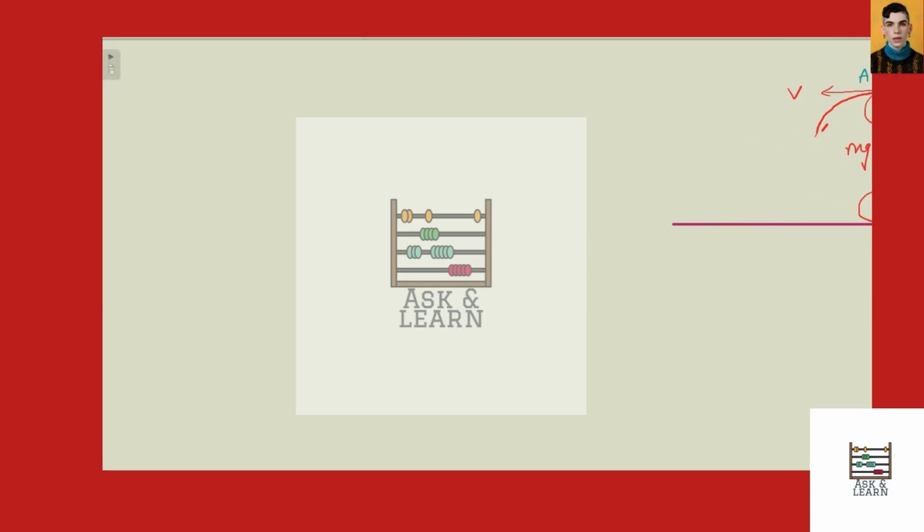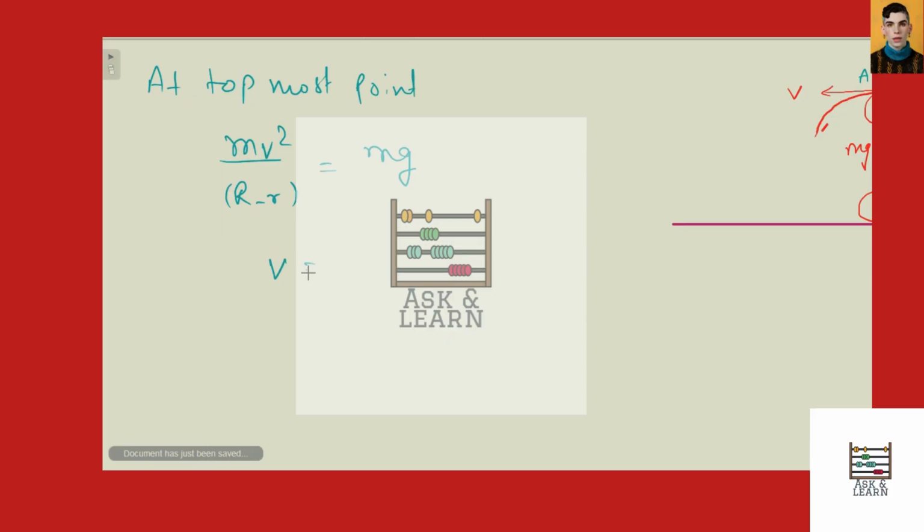So at the topmost point, that is point A, the force of centrifugal, that is mv square upon R minus r, is equal to the force due to the weight mg. From here we get the value of v, or I can write v square is equal to g into R minus small r. This is our equation first.